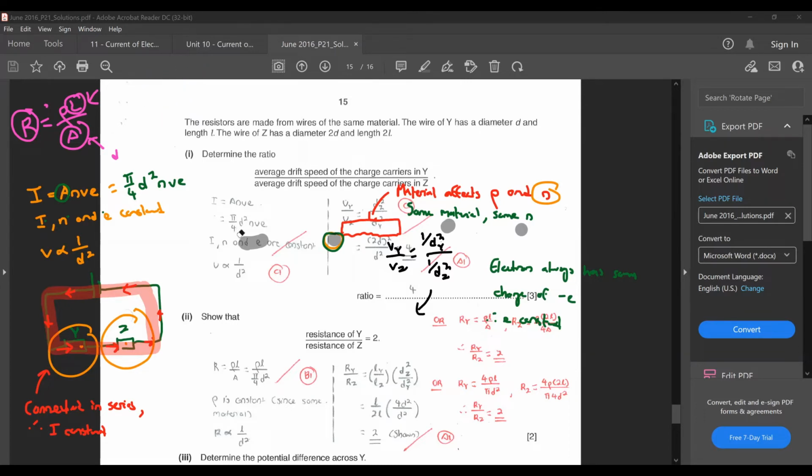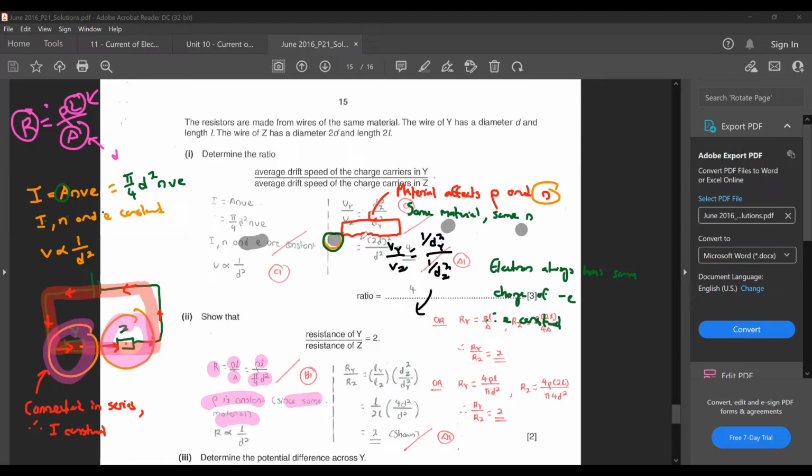Because you have mention of length, you have mention of material, you have mention of diameter. So here you can use R equals rho L over A, rho L over pi over 4 d squared. Change area to pi over 4 d squared. One thing here that remains the same for both y and z is that they were made of the same material. So resistivity is constant.